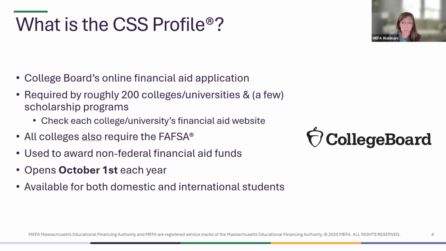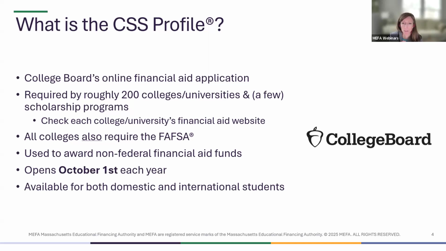The FAFSA provides a lot of great information to colleges and universities, but the Profile, as you'll see, is much more detailed. Colleges, especially colleges with a lot of money, want to make sure they're giving it to the right students and giving you the right amount of financial aid that you're eligible to receive. So they require the Profile to get a lot more information, to make sure you're getting the financial aid that can help your child go to college.